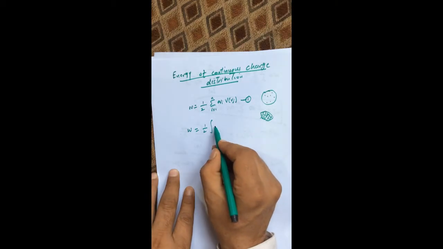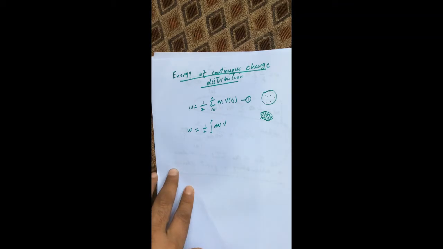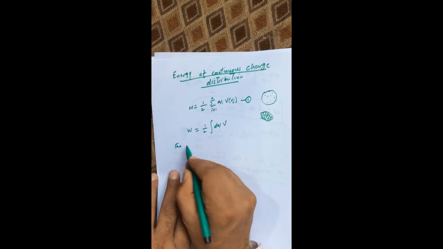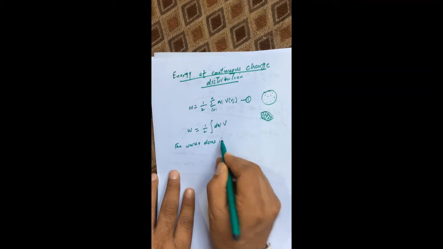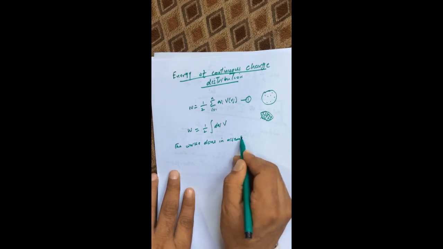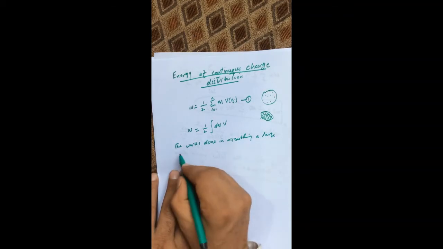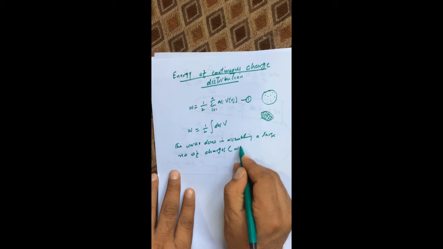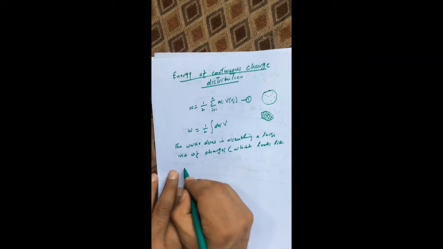Instead of q, we will put dq, and instead of potential, we will put V. Now this is for the work done in assembling a large number of charges which looks like a continuous charge distribution.